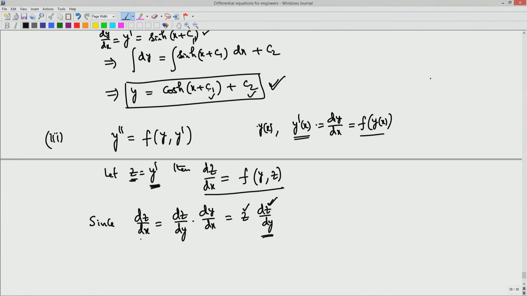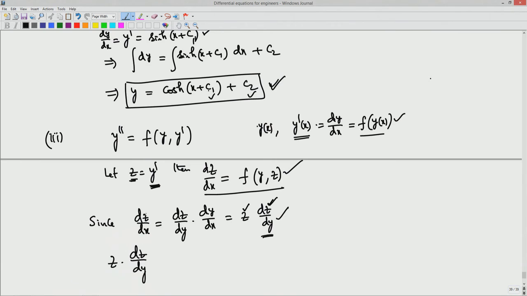Okay. So, that I can replace dz by dx here with z into dz by dy. z is now depending on y, because z is actually y dash, that is actually a function of y. Such a thing, if it exists, you have a solution y(x) whose derivative is actually a function of y.